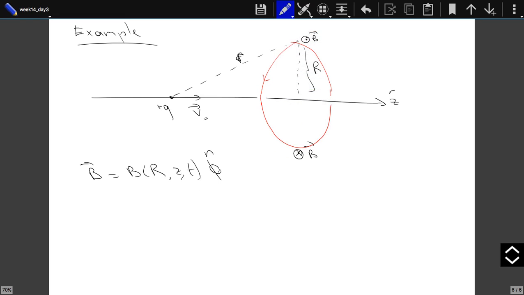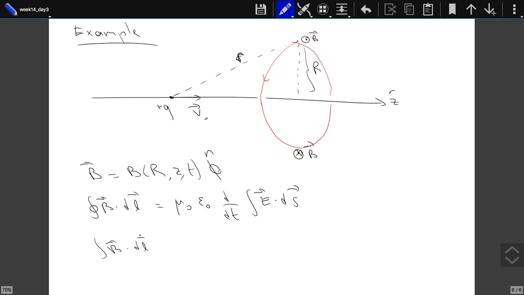And I know that the integral of B dot dl around that closed loop will be equal to mu0 epsilon 0 times the time derivative of the electric field integrated over the surface. Now let's start with B dot dl around the loop.